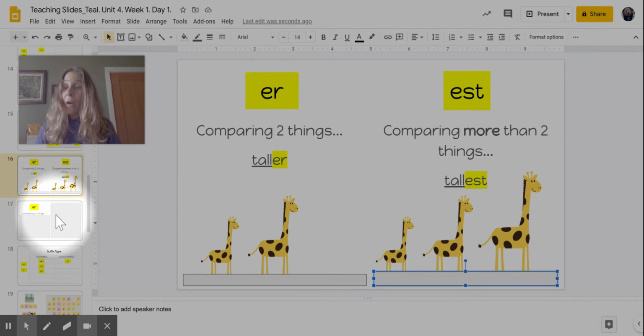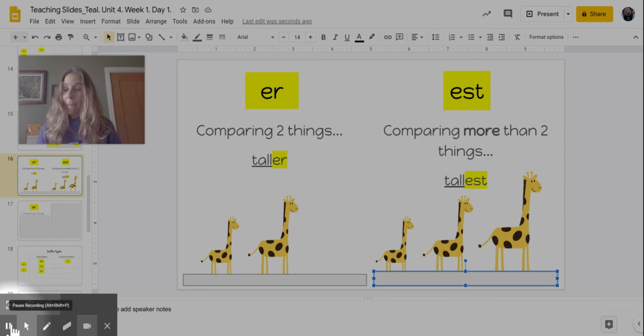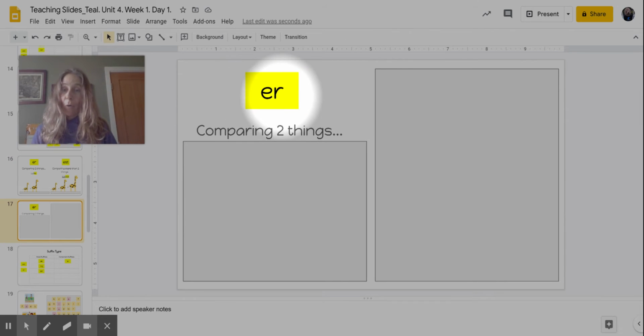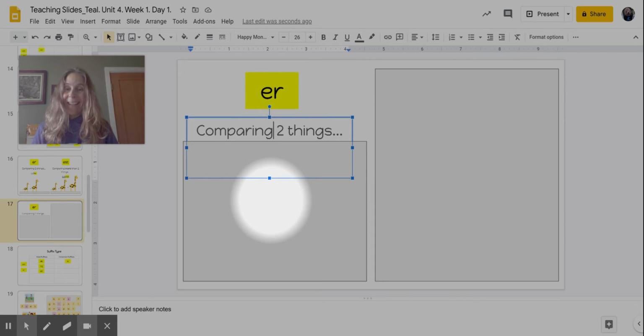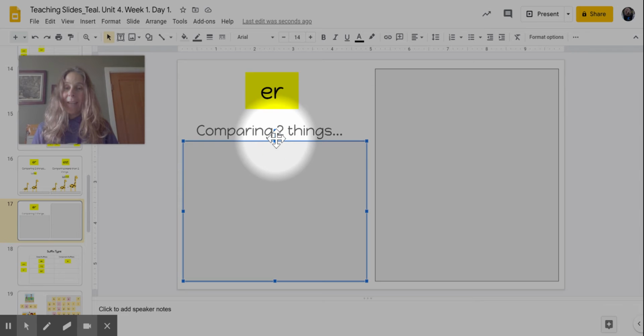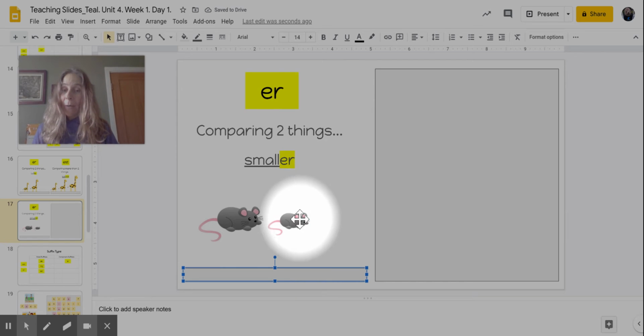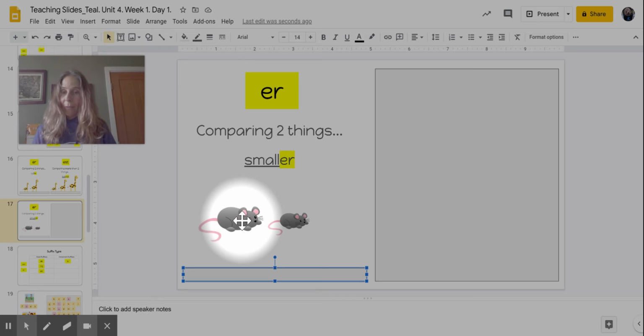Let's take a look at one more example. So again, if I'm comparing two things, I'm going to use -er. So let's see what we've got down here. We have got a tiny little mouse. This mouse is smaller than this mouse.